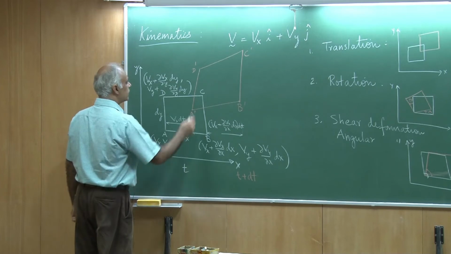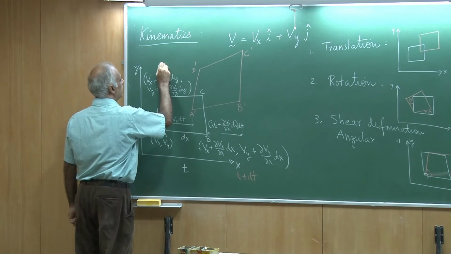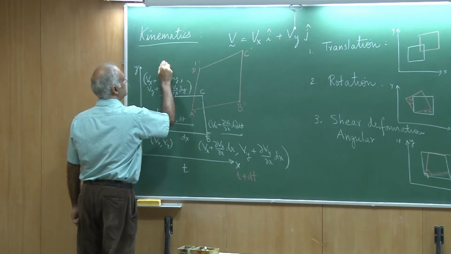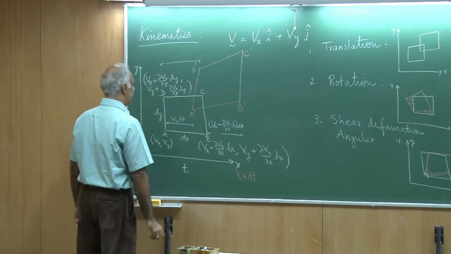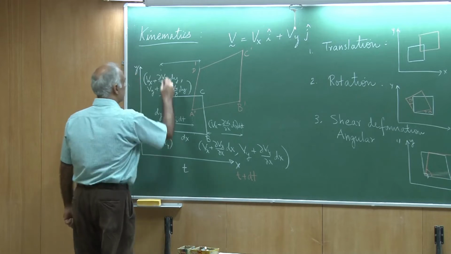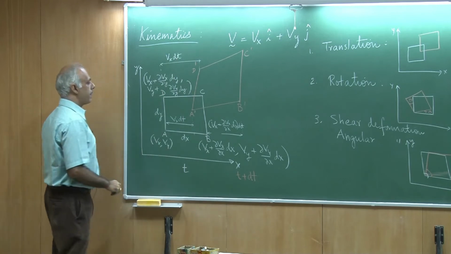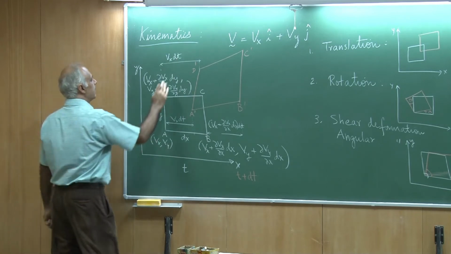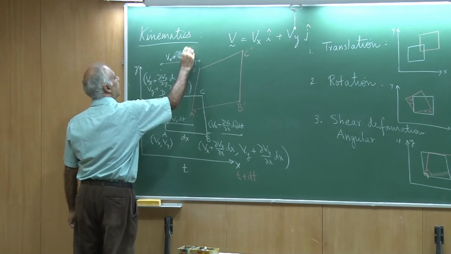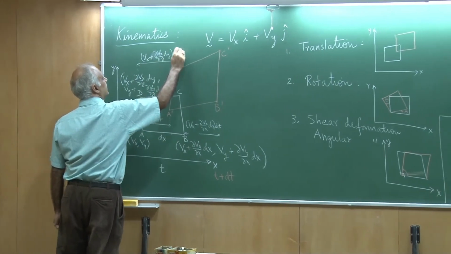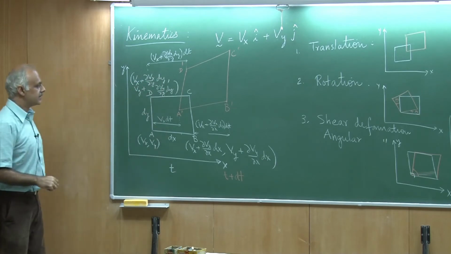Similarly, I could argue that the point D has moved to D prime. So, this distance here is actually Vx times dt. Sorry, it is Vx plus del Vx by del y dy, times dt, because I would be moving with this speed and that speed is over here.